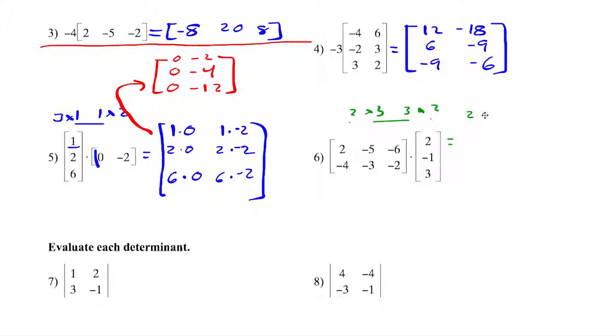So we do a 2 times 2 plus negative 5 times negative 1, negative 1 plus negative 6 times 3.